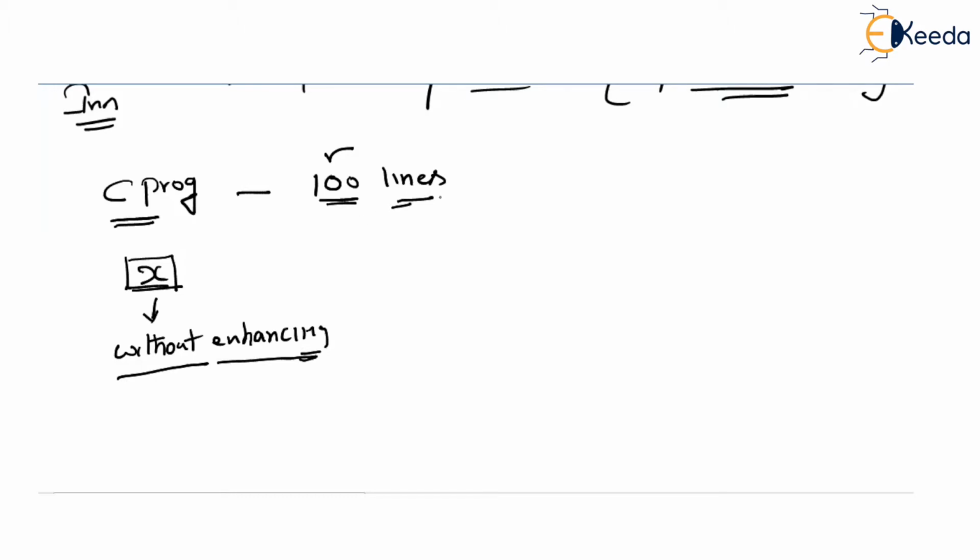Out of these 100 lines, let us take that a designer observed this code and observed that 40 lines of the code can be improved by implementing some techniques. These 40 lines of the code can get speeded up, that is, can get executed faster than the original time.